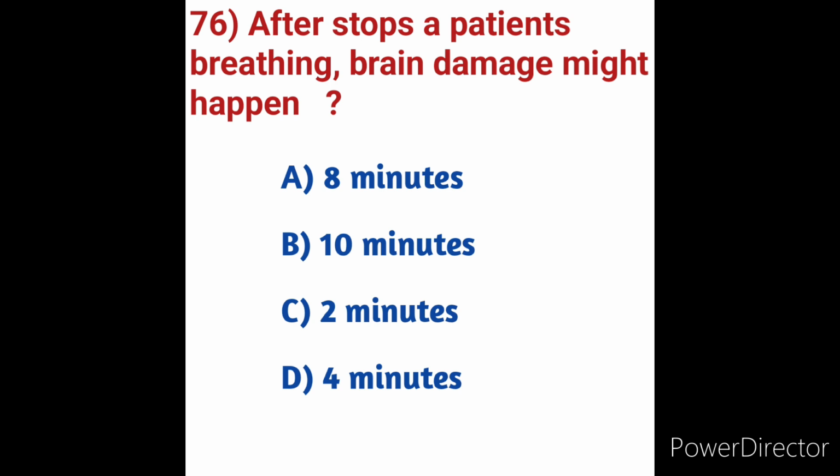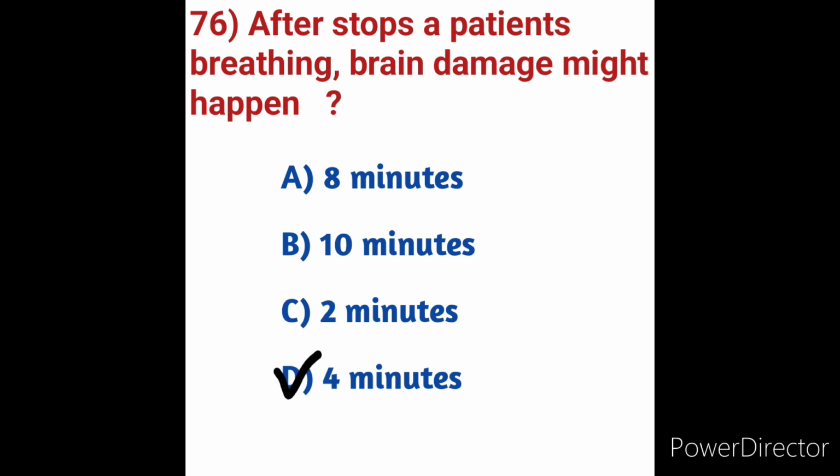If we see one person is not breathing, not only clients, in case any person has a sudden absence of breathing, cessation of breathing, immediately we have to give rescue breaths. If there is no pulse, immediately we have to start CPR. If there is a pulse but no breathing, we have to give only rescue breaths.